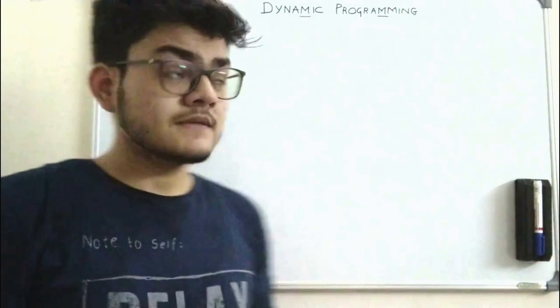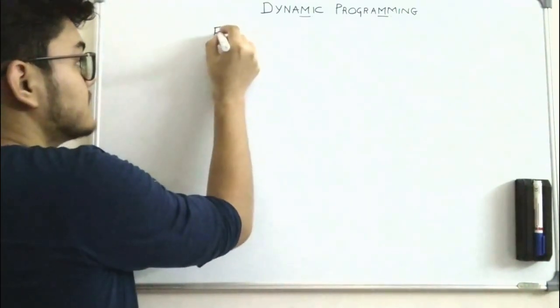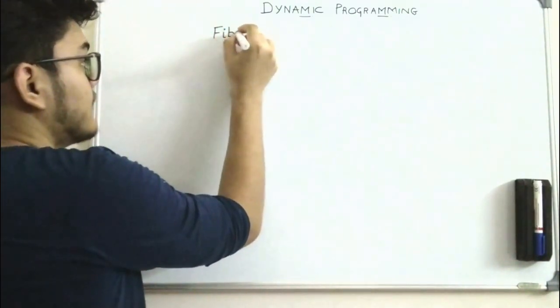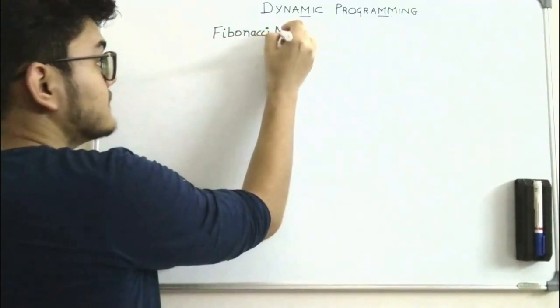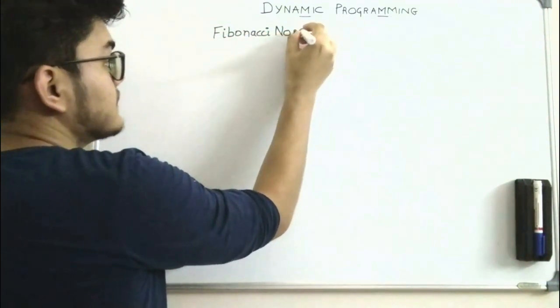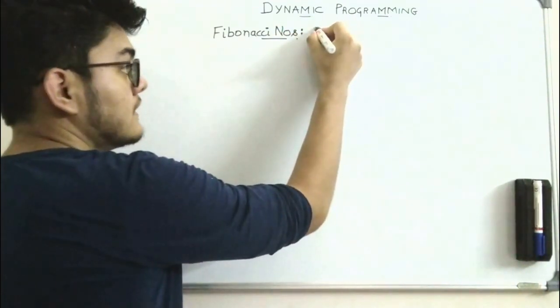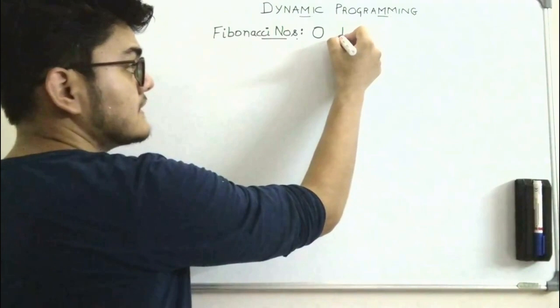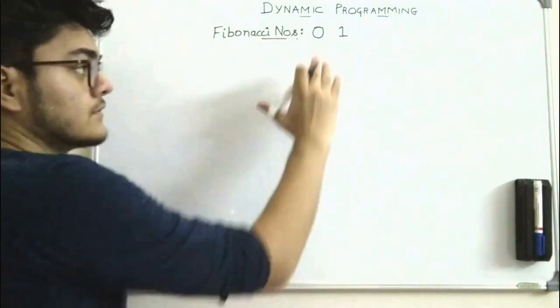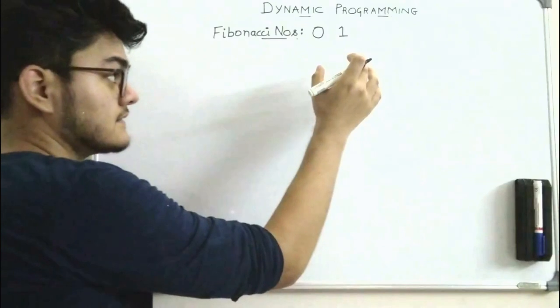So the problem is, let's first consider the Fibonacci numbers. If you haven't heard of Fibonacci numbers, the Fibonacci series looks like this. First number is 0. The second number in this series is 1. So the first two numbers in this series are fixed.